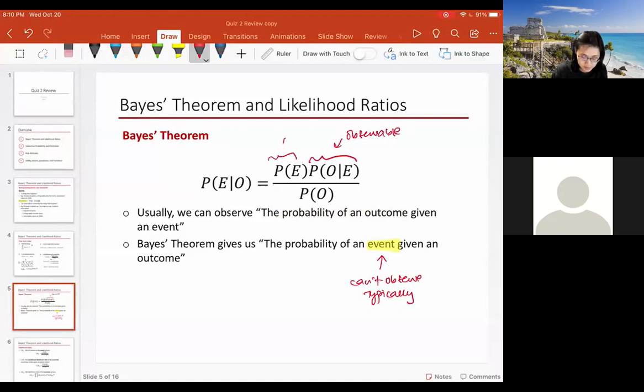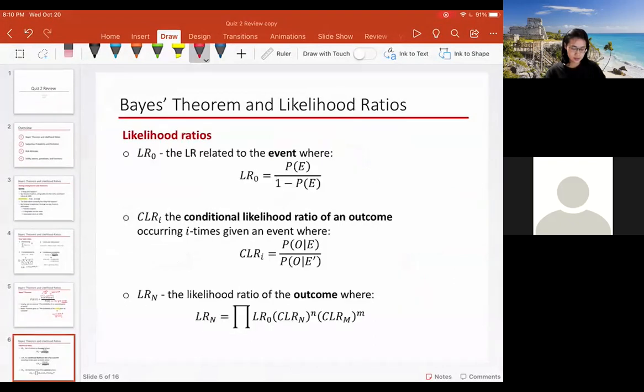This is readily observable. And this is observable given enough data or enough repetition. Right? Everyone clear about Bayes? All right, we're going to go ahead.